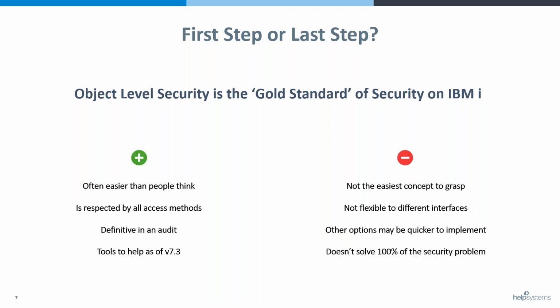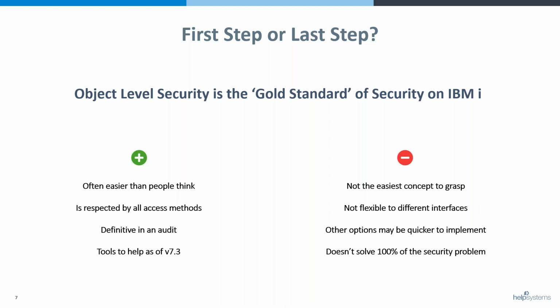There are other options that often come to the table that may be quicker, arguably more effective to implement, right? At the end of the day, it's still the gold standard, but if I can accomplish resolving, let's say, 80% of the risk problem and only take 20% of the time or implement 20% of the steps, that's going to be very appealing.